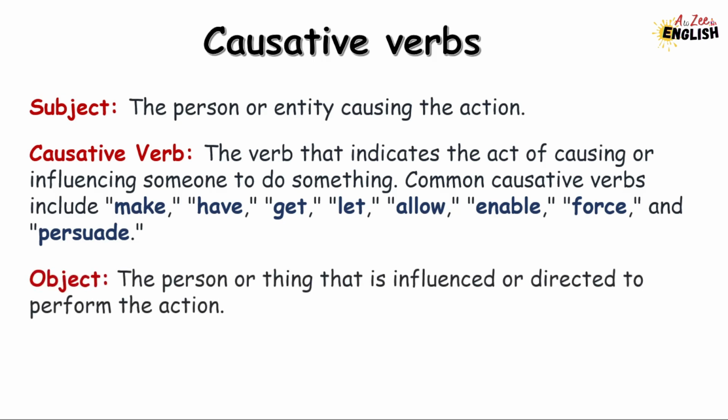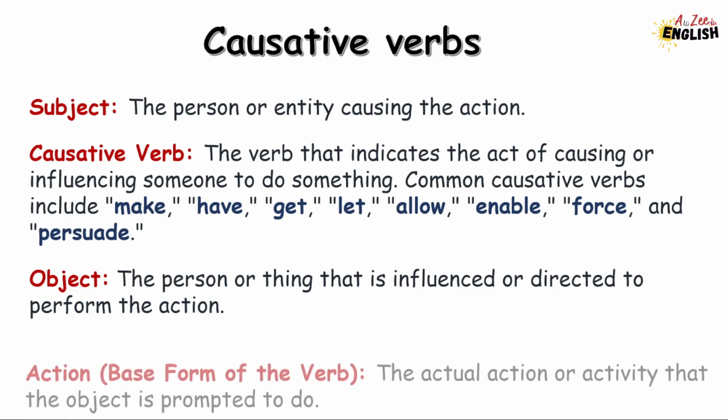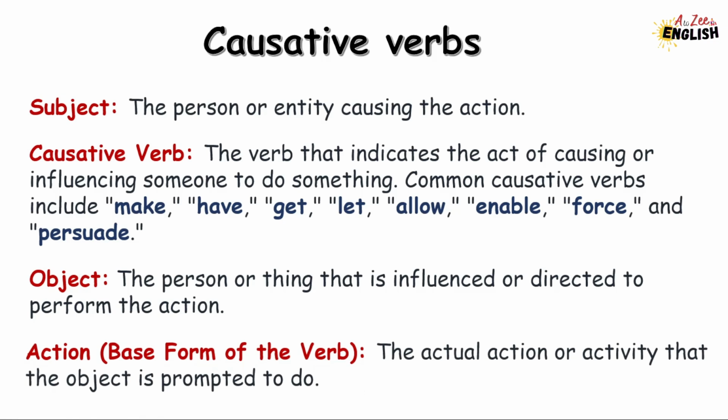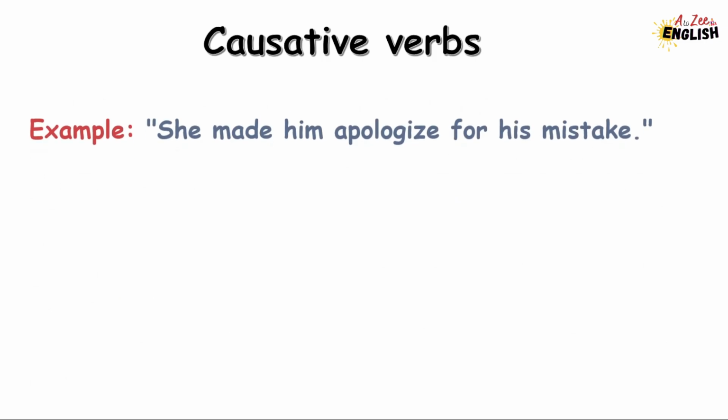And the object is the person or thing that is influenced or directed to perform the action. Action, which is the base form of the verb, is the actual action or activity that the object is prompted to do.